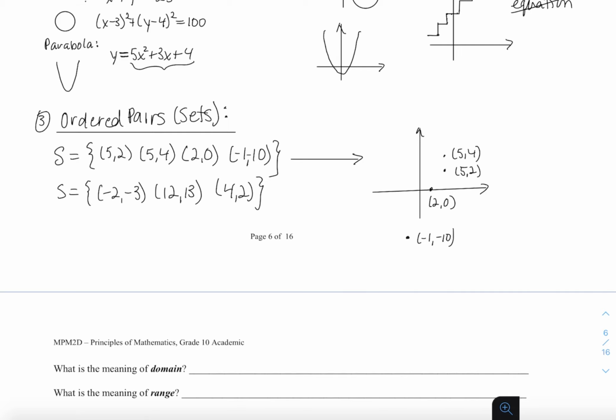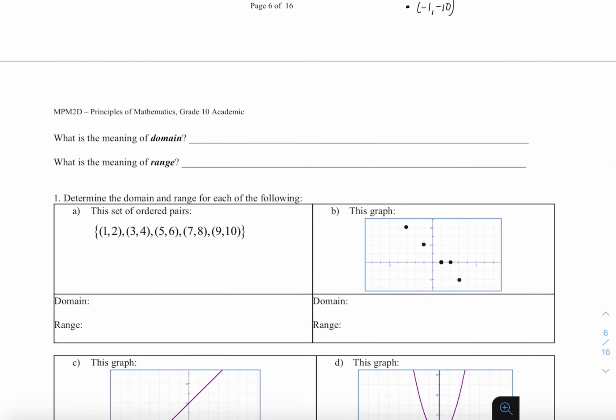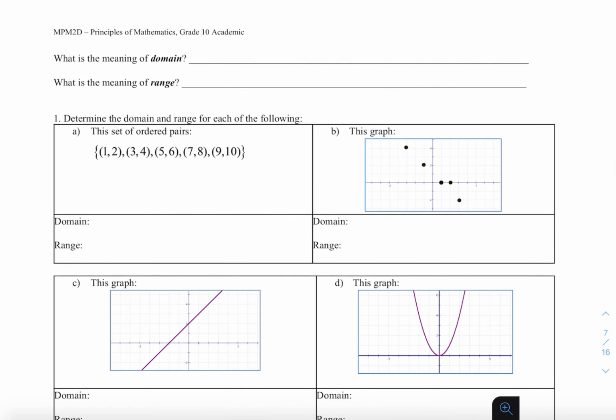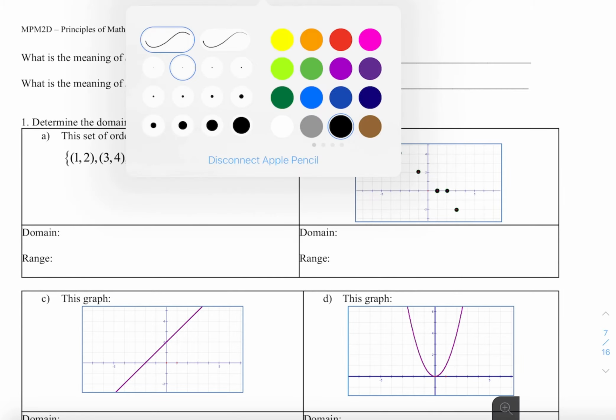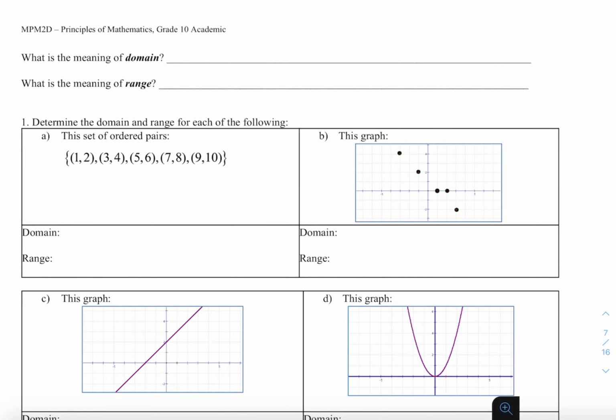Now we're getting to a really big definition, which is deceivingly simple. Okay, we're going to do lots of practice though, don't worry. So what is the meaning of domain? A domain is all the x values of a relation. So it's basically just a list of all the x values of a relation.